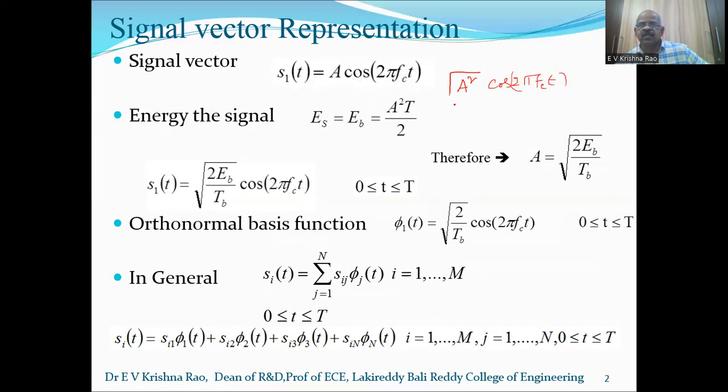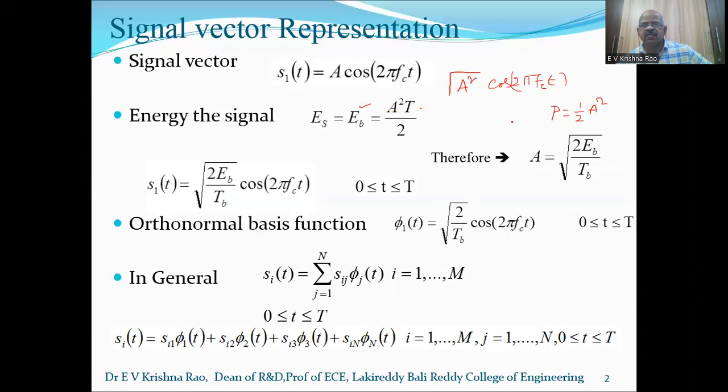So this is nothing but the power, which is equal to half A square. So power is nothing but energy per time. So this is energy equal to half A square into time T, the duration of the symbol or bit of signal.